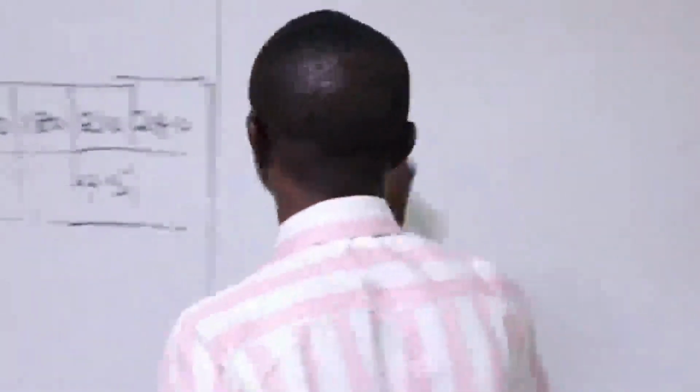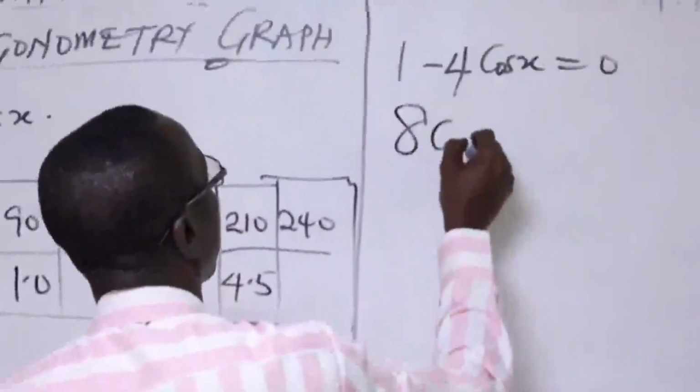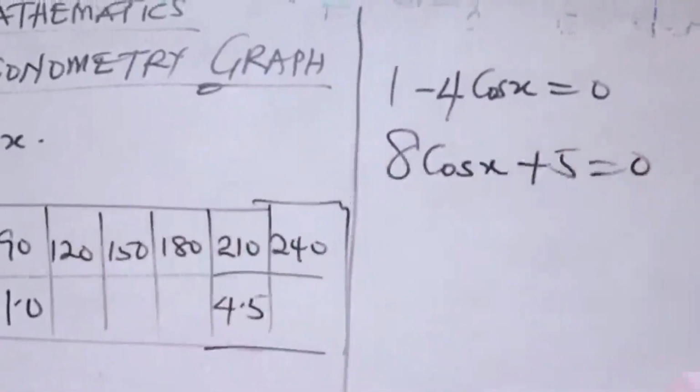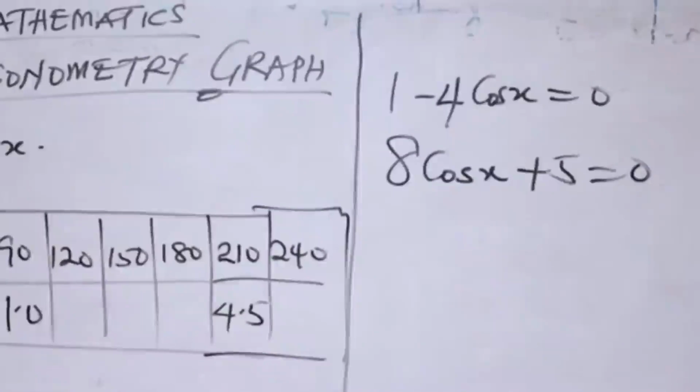Maximum value of y and corresponding value of x. 3. Root of the equation 8 cos x plus 5 is equal to 0.